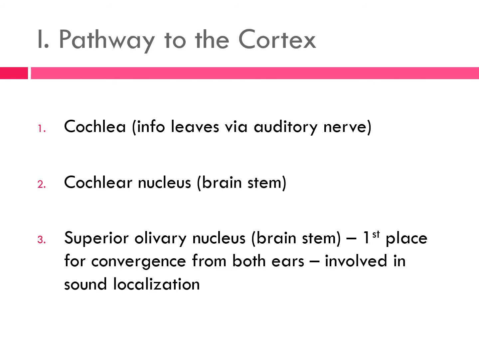This is the first place where we see convergence of the information from both ears, so it's involved in sound localization. We use these cues, the differences between the two ears, to tell us where sounds are coming from.